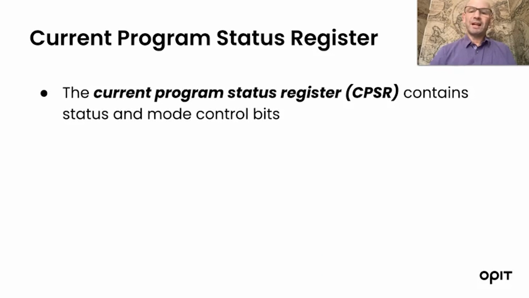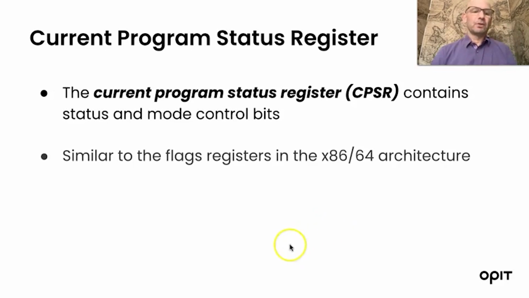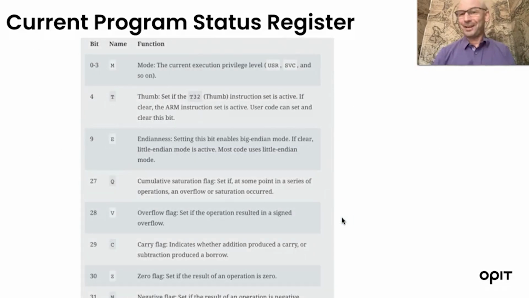The current program status register, or CPSR, contains all the status and mode control bits. Basically, what mode we're in, and also our flags, similar to the flags register in the x86 and x64 architecture. Here are our CPSR functions.